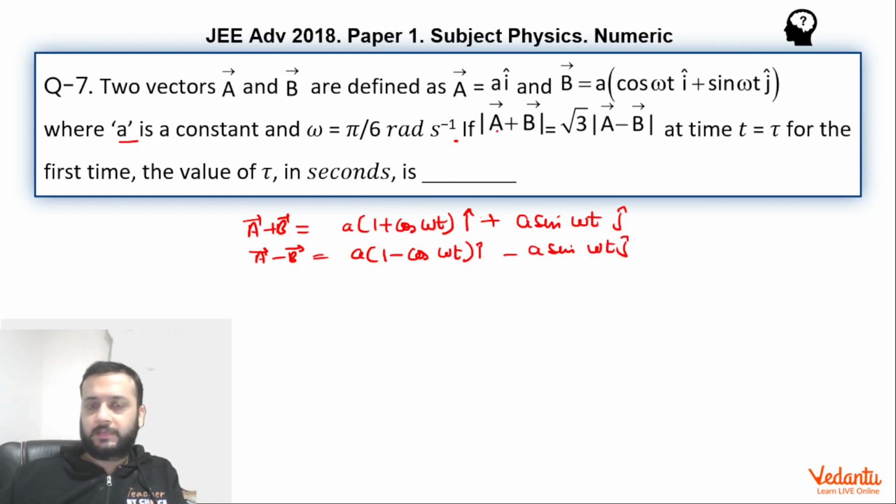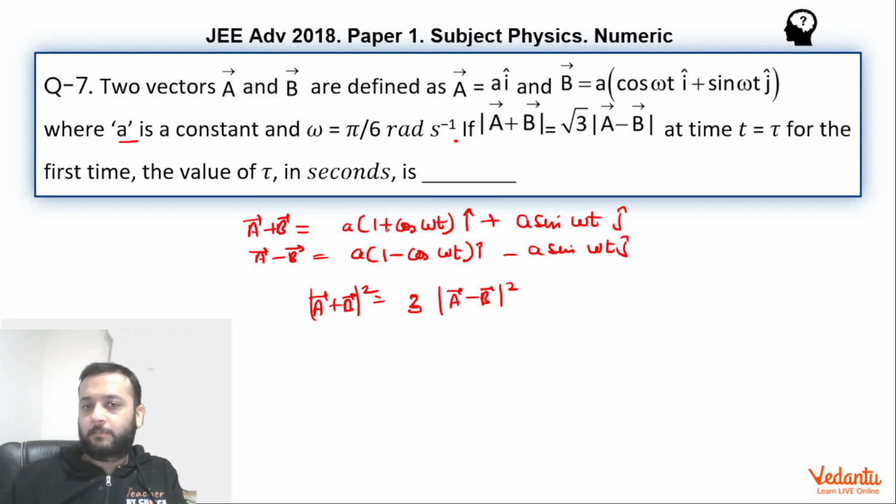Now according to the given condition, it becomes |A plus B| squared is equal to, root 3 times, or this will become 3 after squaring, |A minus B| squared. So we have to take the magnitude of A plus B, which we have already written, and square it.